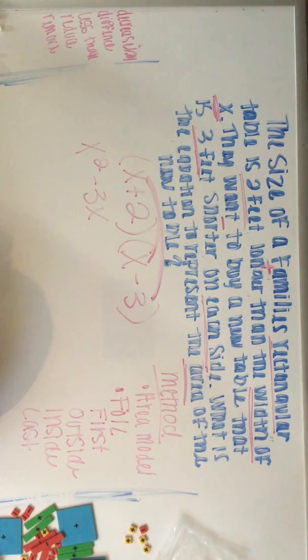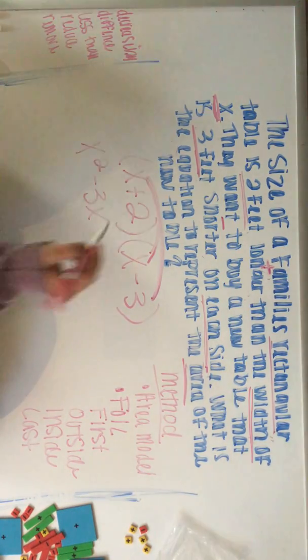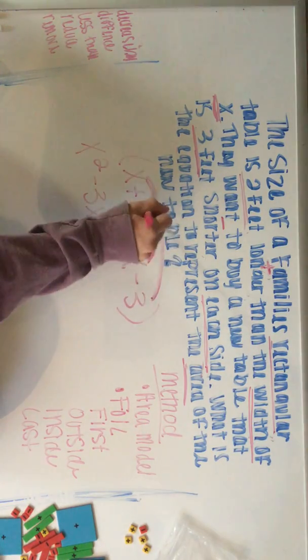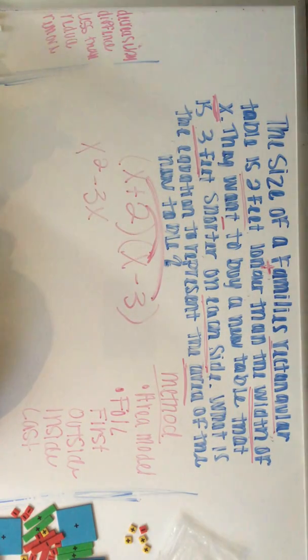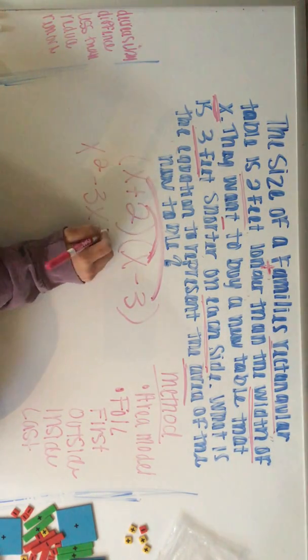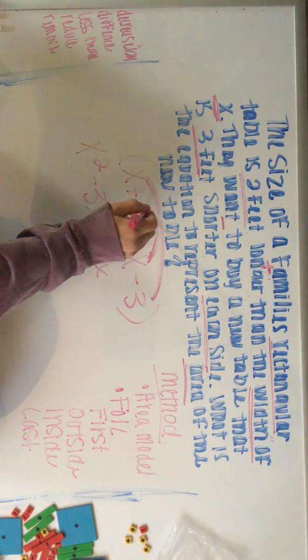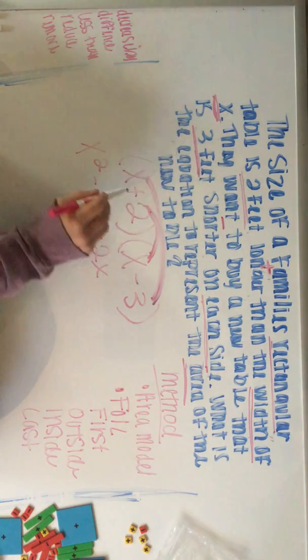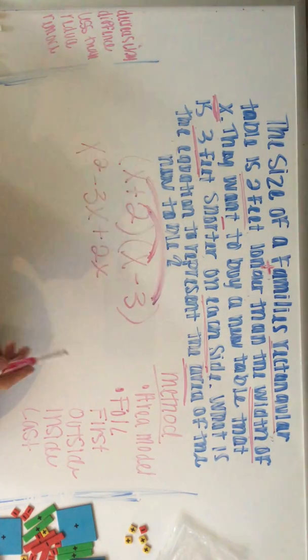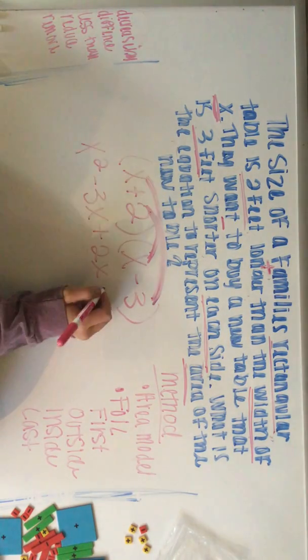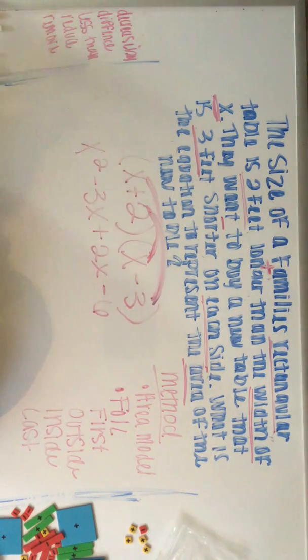And then we're going to go to the inside, 2 times x, which is positive 2x. And we're going to go to the last. Positive 2 times negative 3 is going to give us a negative 6, right?